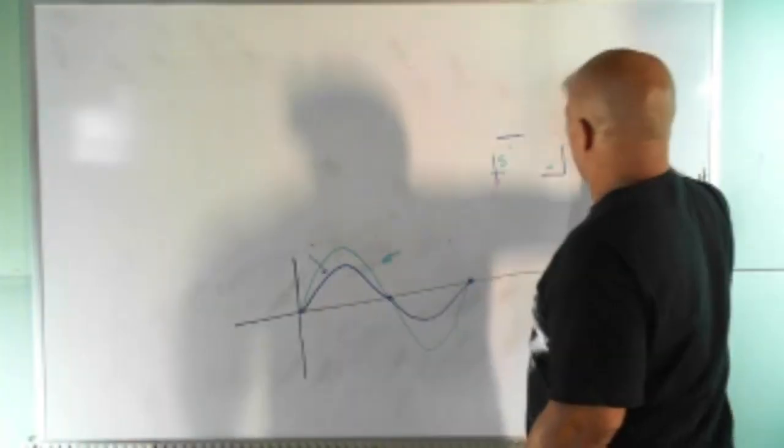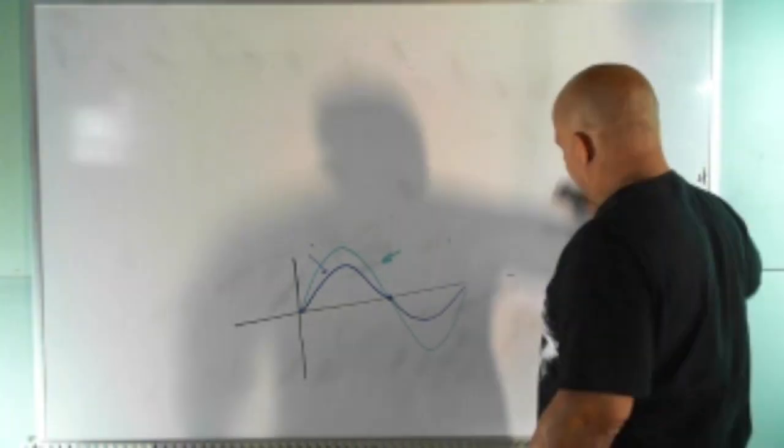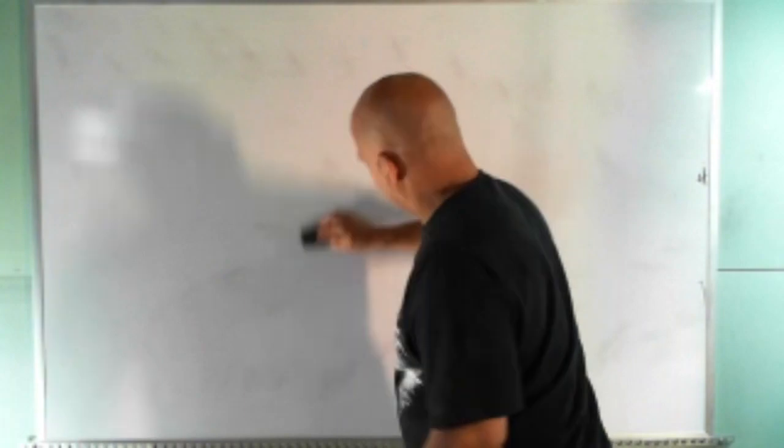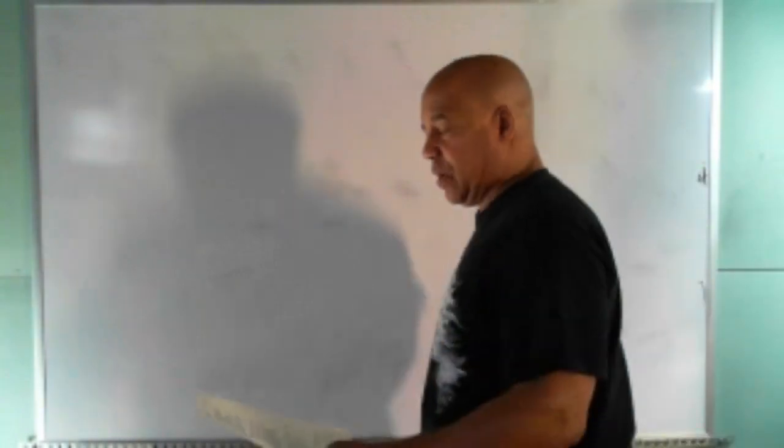All right, well, I want to move to the next component then. If you have the topic sheet, the first thing on the topic sheet was understanding the concept of a derivative. So we went through that.